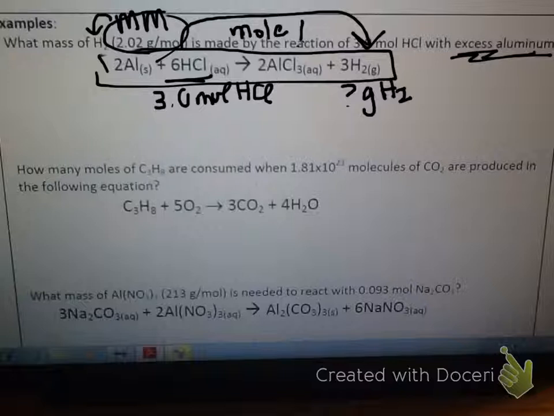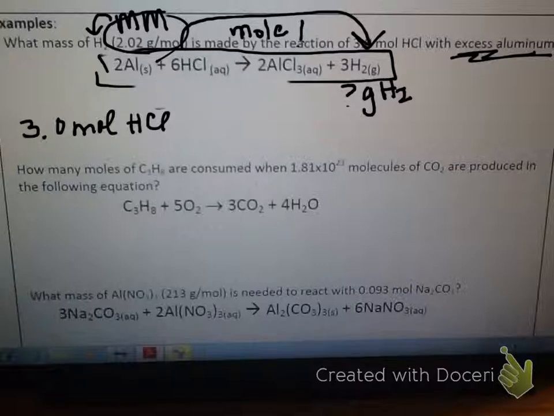All right, so I'm going to go ahead and get started. I'm going to write down what I've gotten. I'm given 3.0 moles of hydrogen, HCl, I'm sorry. So I'm given 3.0 moles of HCl. Remember that the first thing I'm going to think, if I have a stoichiometry problem, if I'm given the reagent, I need to convert it into the mole.